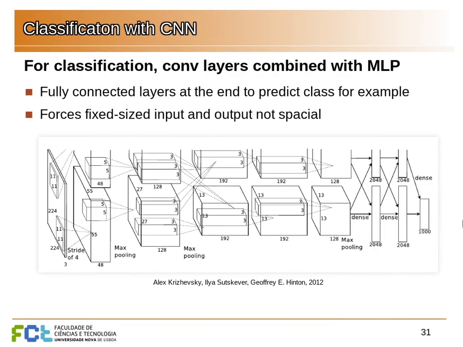And this is an example, an older example now from 2012, but you can see here the image has 3 channels and 224 by 224 pixels. Then you have here a convolutional layer with a receptive field of 11 by 11 pixels, and we have 55 filters here.